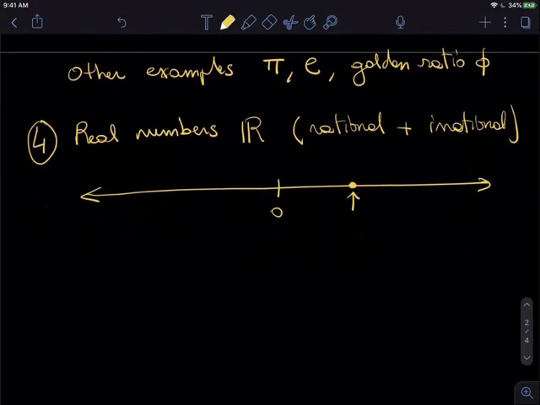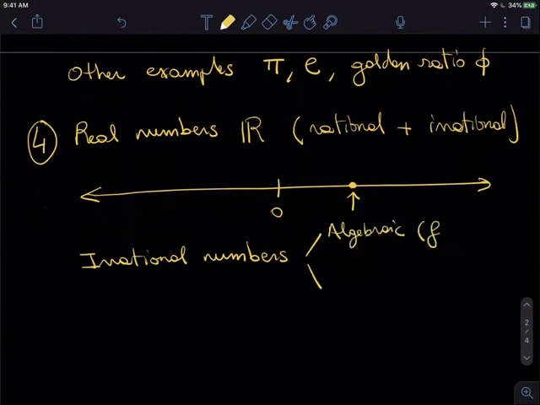And by the way, there are two types of irrational numbers. The algebraic, they are given by a formula with a polynomial, and then there are the transcendental.